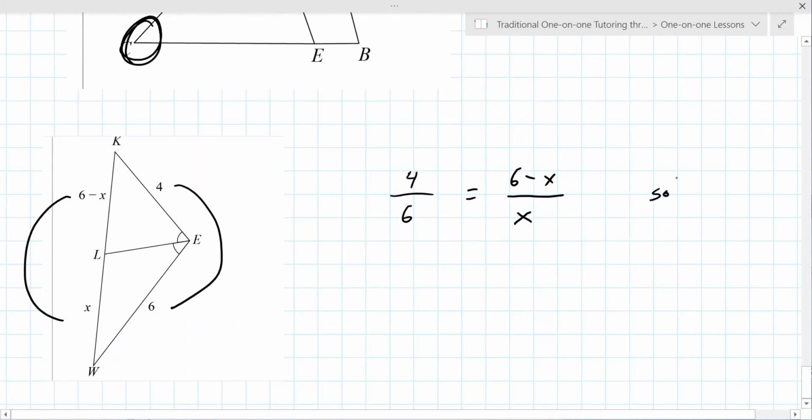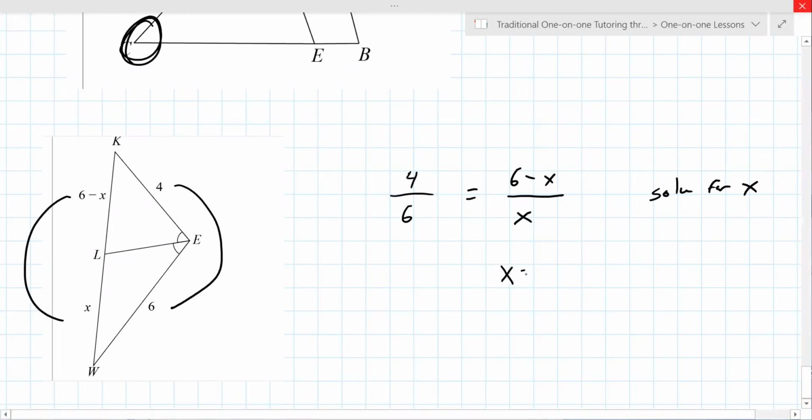So I'd like you to solve for x on this. Solve for x. I get 3.6 for x.